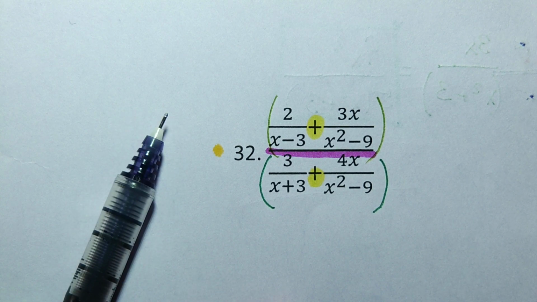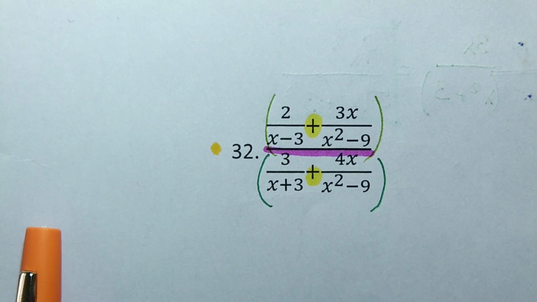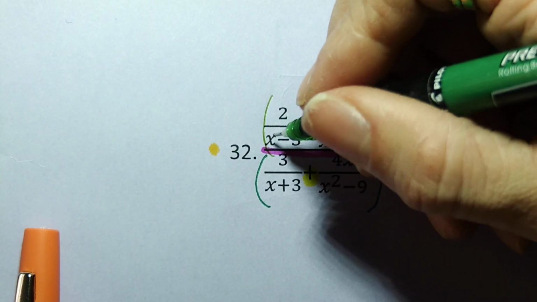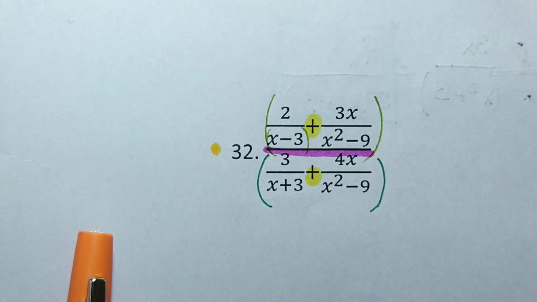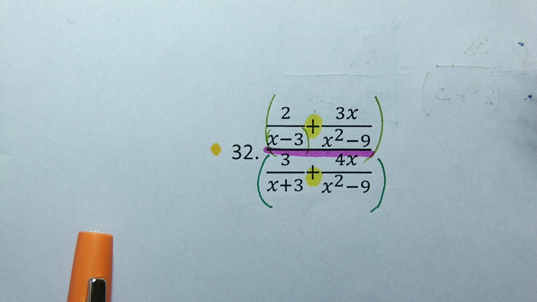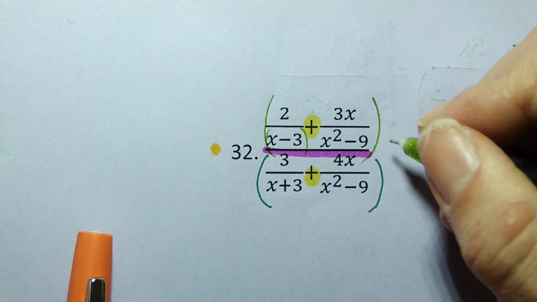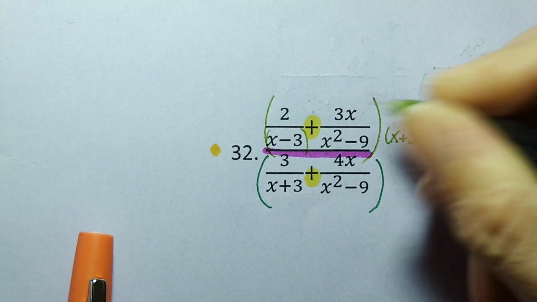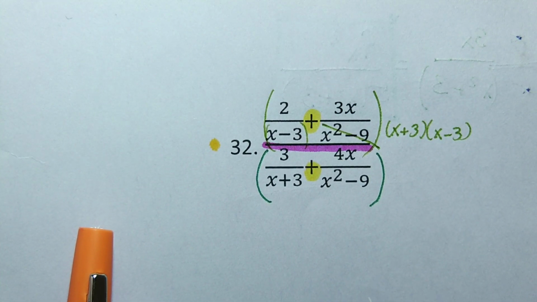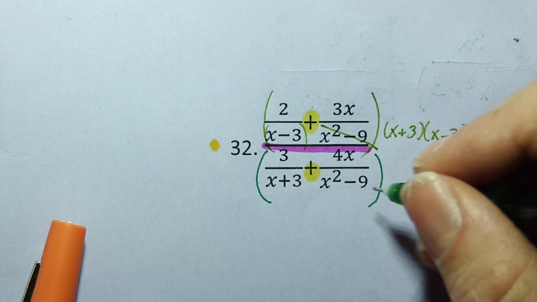So let's go ahead and see if we can find a common denominator for the top. So the greatest amount of x minus 3's we have is x minus 3. X squared minus 9, is that its own factor? Difference of squares. So I'm going to factor that as x plus 3 and x minus 3. And check it out, we've got difference of squares again on the bottom.